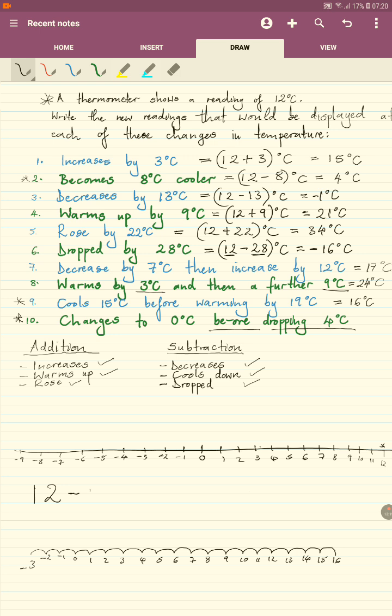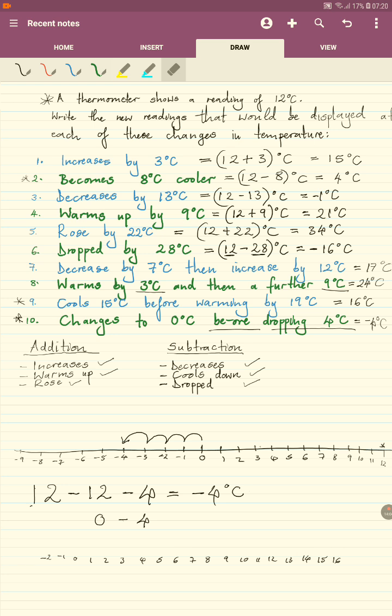It means we are getting rid of the 12, which means we are subtracting the 12 from 12 degrees, and then it drops again 4 degrees. So we are subtracting 2 times. We're saying 12 minus 12 is 0, and 0 minus 4, if we come to the number line, movement to the left, that's 1, 2, 3, 4. You get your answer here is minus 4 degrees Celsius.